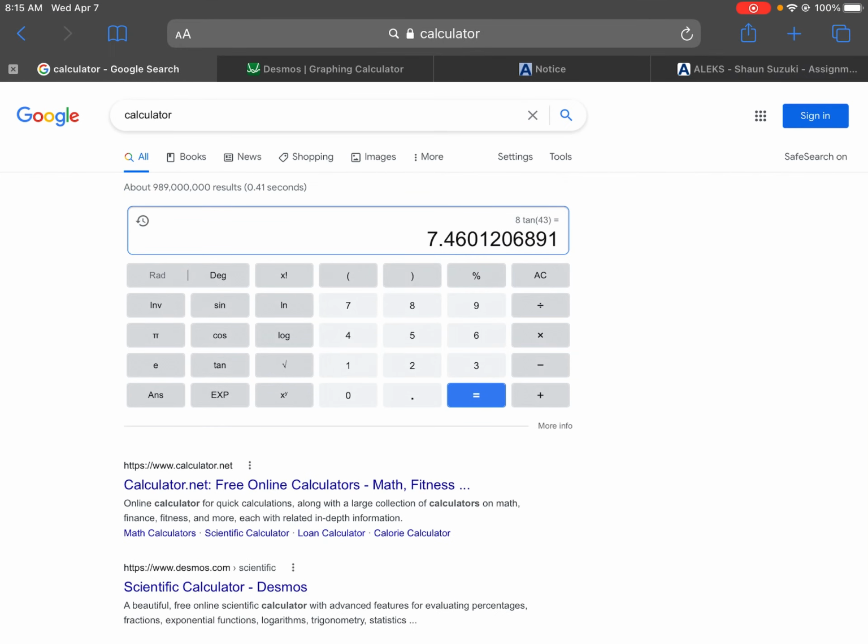So clear this. Again, make sure we're working in degrees. To get to tangent inverse, you have to press the inverse button. And we're going to do the tangent inverse, and it's going to say arctan. So 18 divided by 17, which is 46.6.